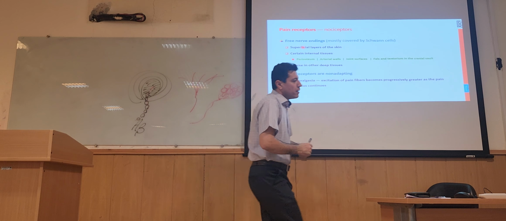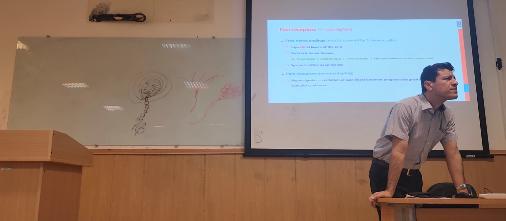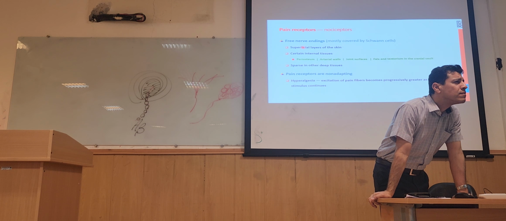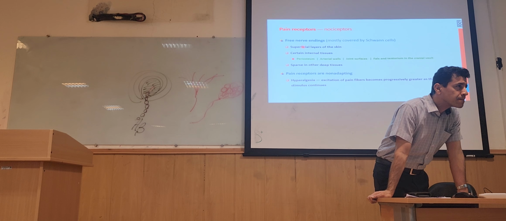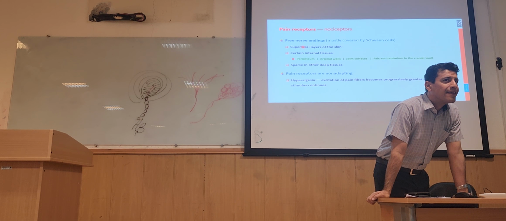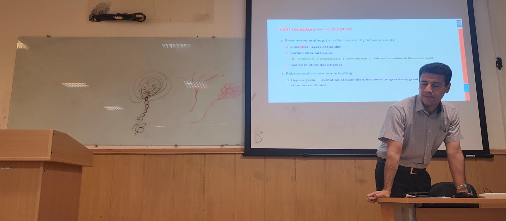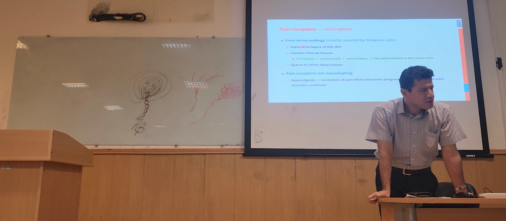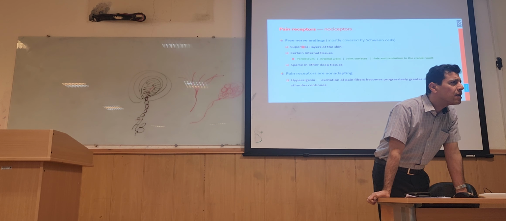So, a question: is it especially important to memorize the structures of each corpuscle, the difference between Pacini and Meissner, or is it not very important? They're quite confusing. We should know the structure, but not details. I don't give you any detail about the structure.